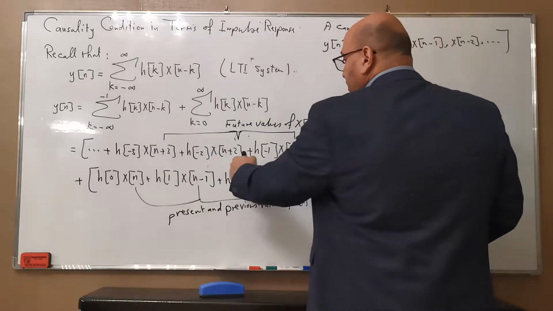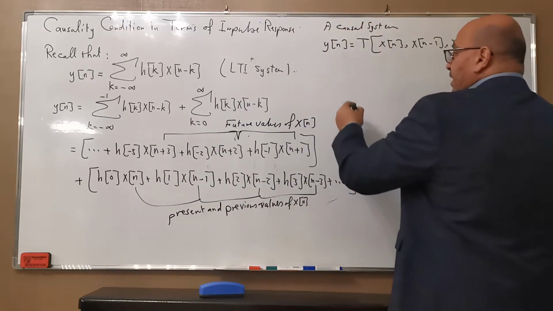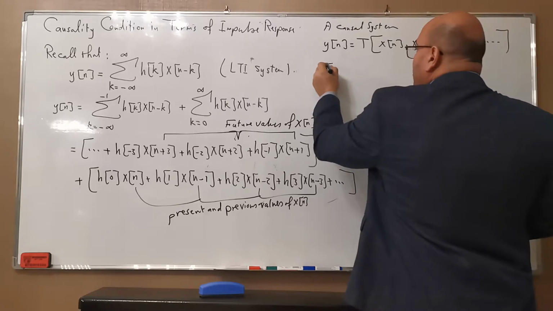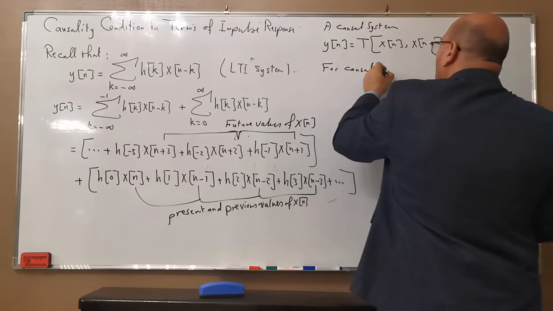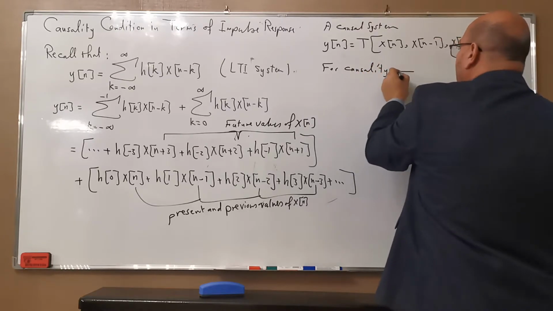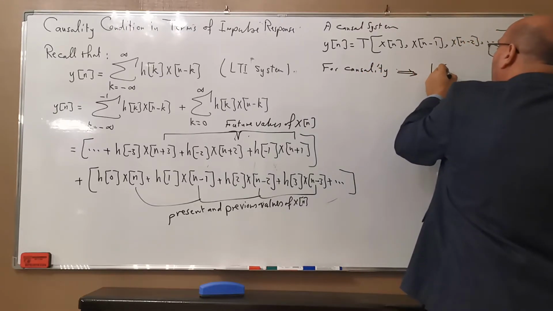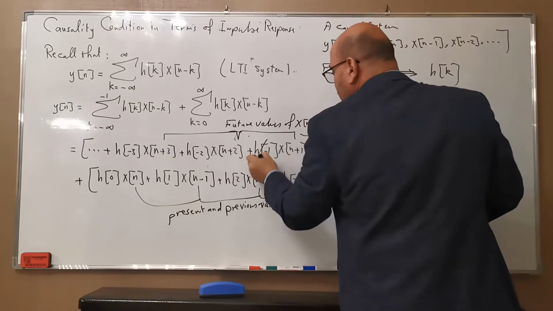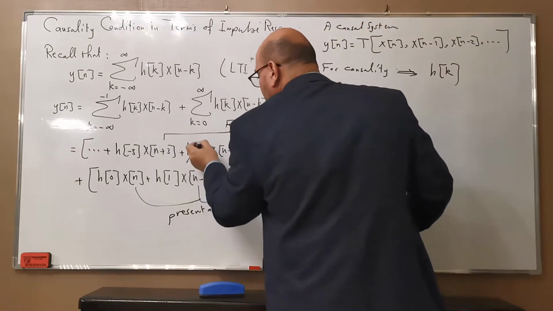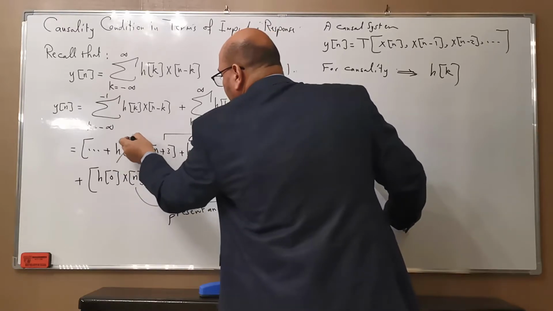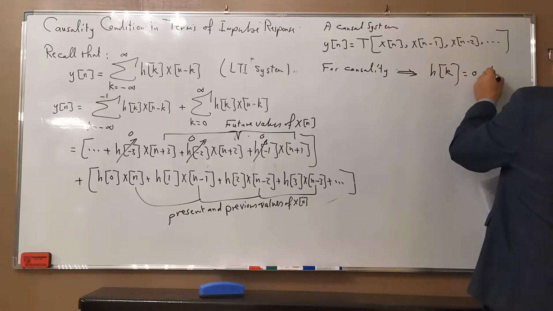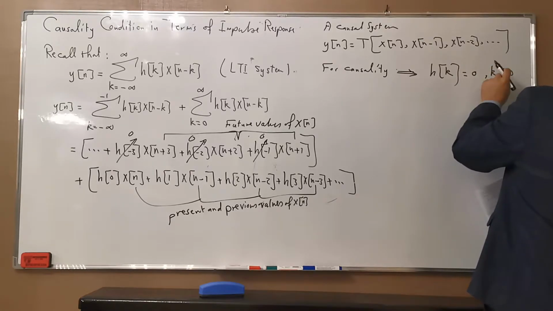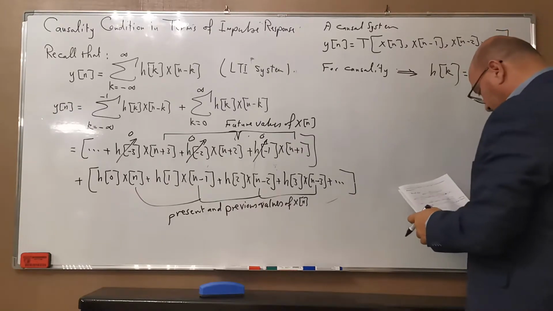And for this term to be zeros, for causality, we have to have h of k, which are those values, to be zeros. This one to be 0, this one to be 0, and this one to be 0, and so on. So h of k should be equal to 0 for k less than 0.